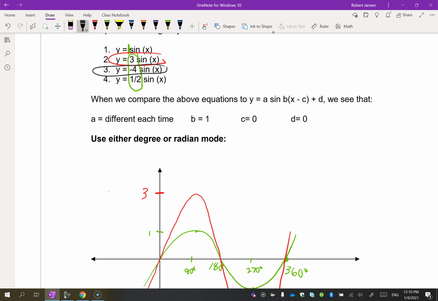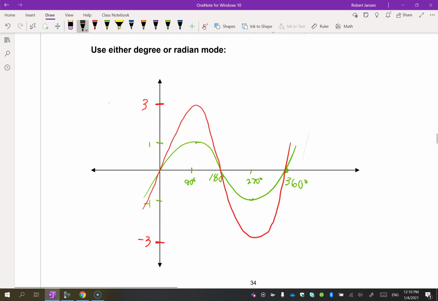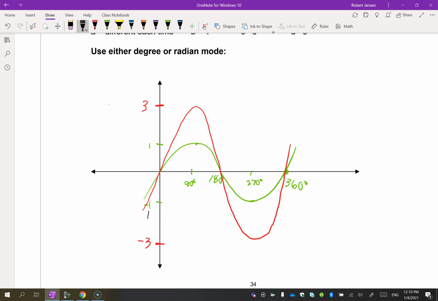Just a quick comment on that negative: if I just put 4 sine of x, the graph would look like this, it would just go a little bit higher. But it's not 4, it's negative 4. So it actually flips upside down, and it goes up to 4 and down to negative 4.